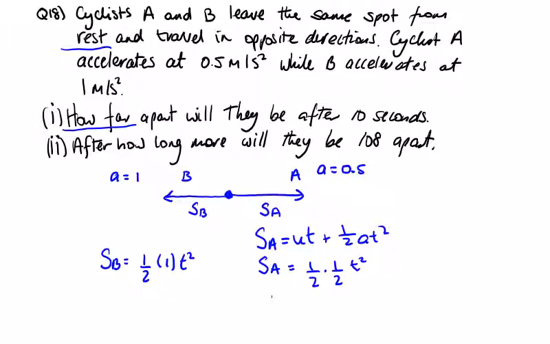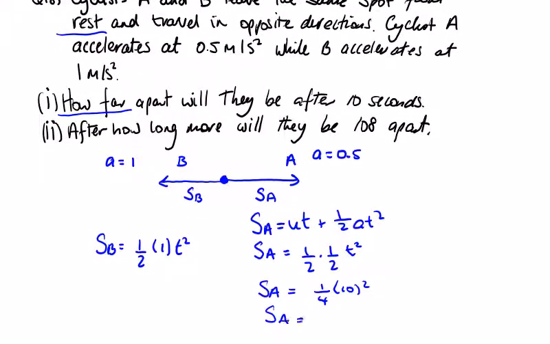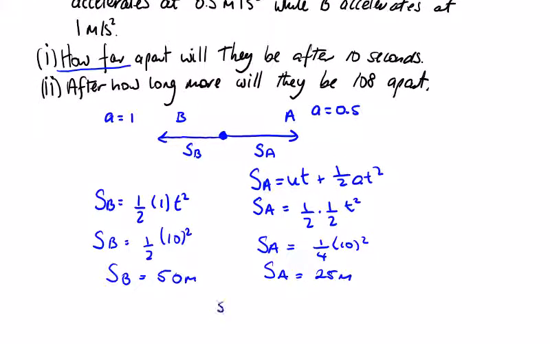So I have SA when T is equal to 10, it's going to be a quarter by 10 squared, so a quarter of 100. A has travelled 25 meters. And for B, it's going to be a half by 10 squared. So the distance for B is going to be 50. So their distance apart is going to be 75 meters. 50 plus 25 is 75 meters.